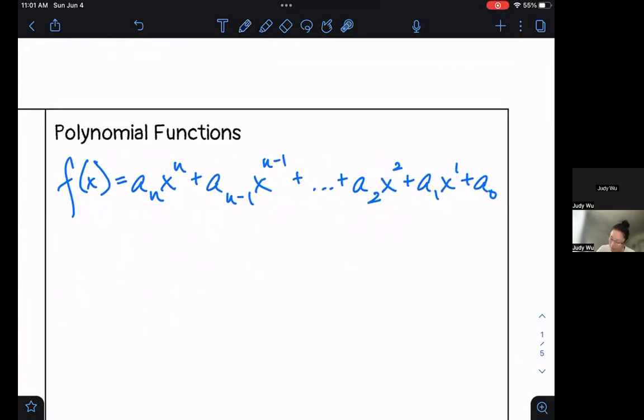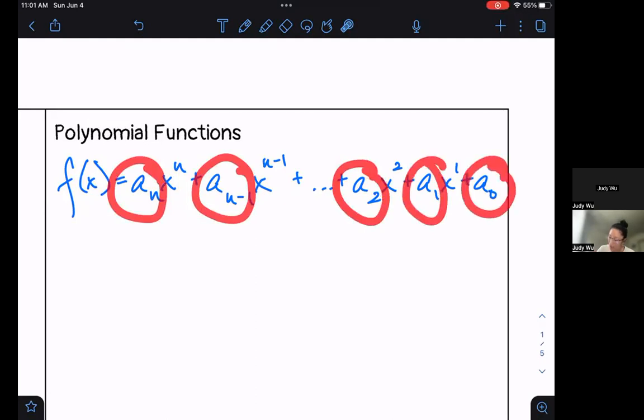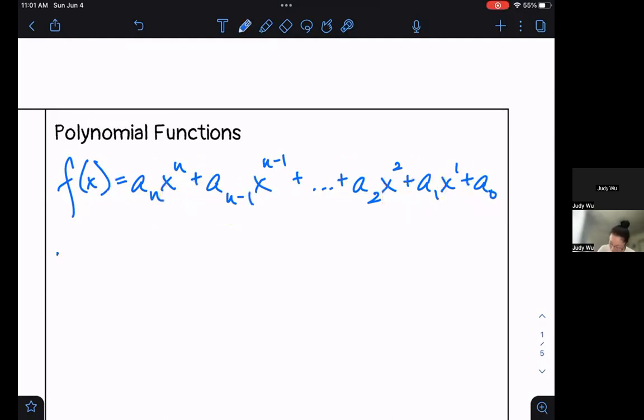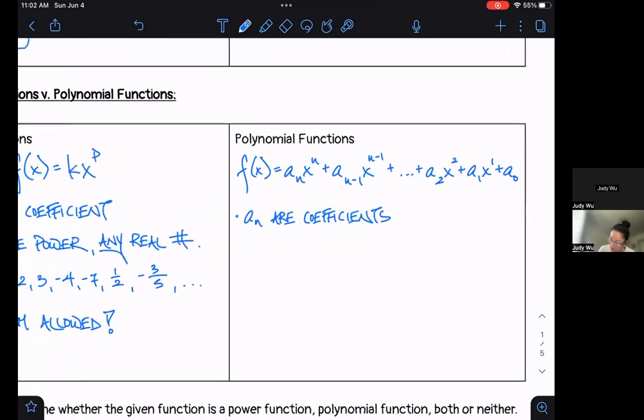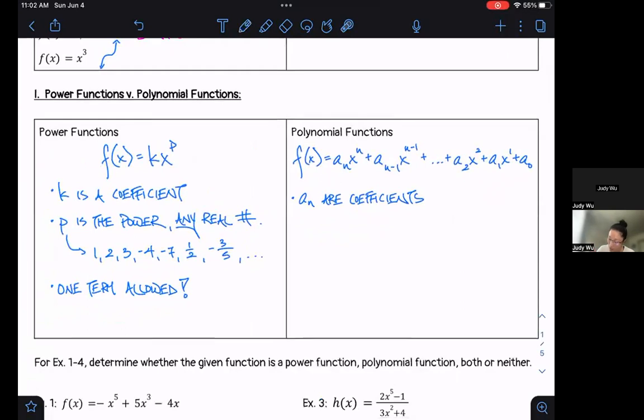Now, any of these a's with the little subscripts here, all of these, a sub n, are coefficients. Just like in the previous one, the power functions, it's just like our k, right? Except if we have more than one term, we can have more than one coefficient, right?